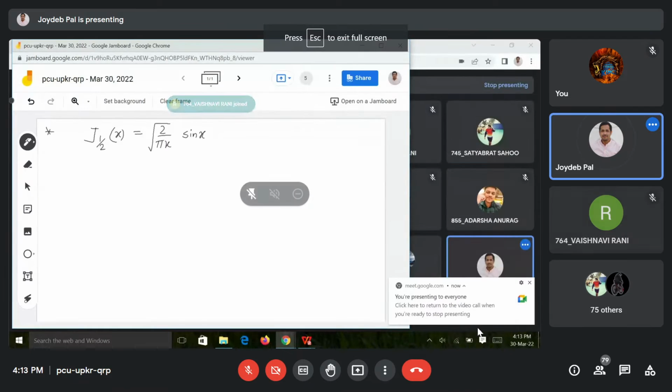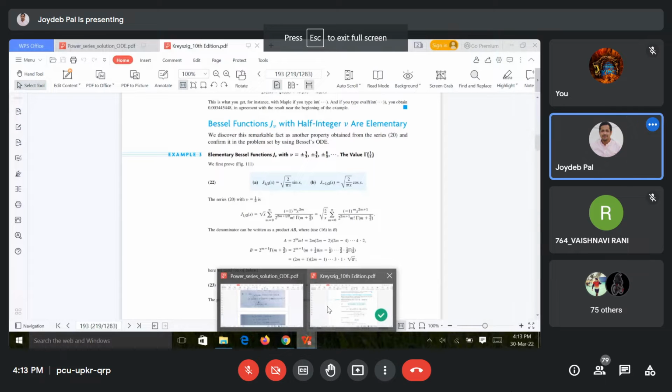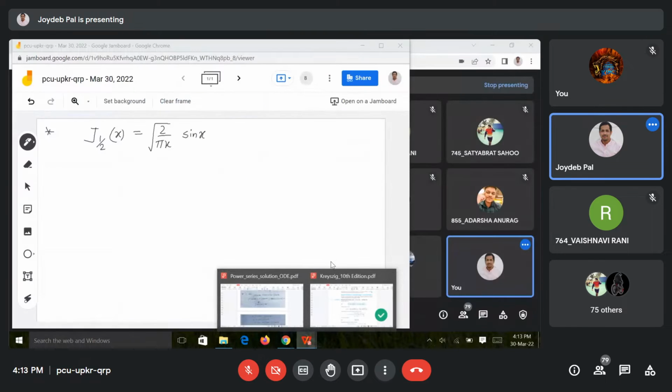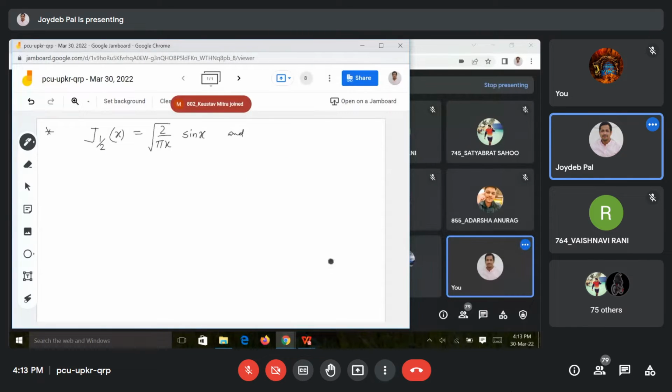And J of minus half x is root under 2 by pi x cos x. That's all. So let us see the proof.